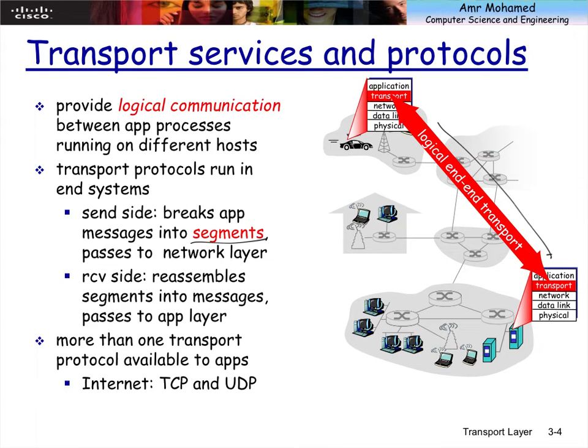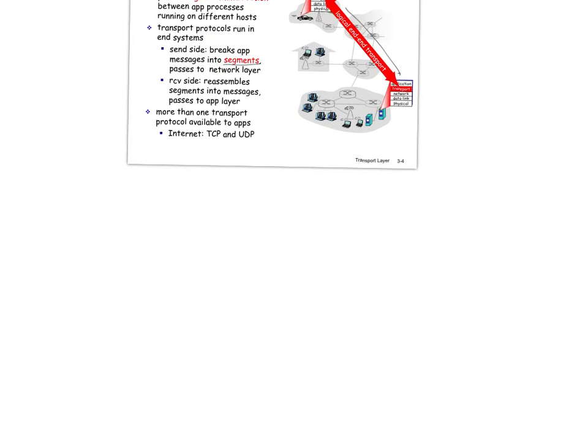Of course, the way that these segments are created is as we said. For an application, each application will generate some kind of data or information, some raw data. This data can be like a web page, so it has some text, hypertext, HTML, things like that. This data will be stored in the application layer.